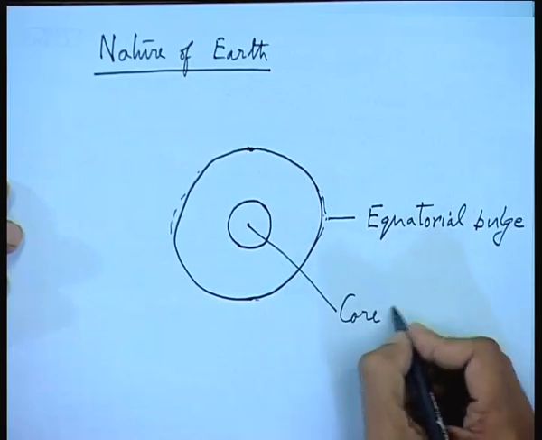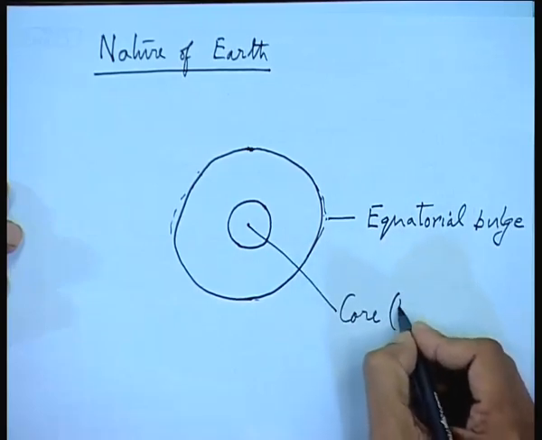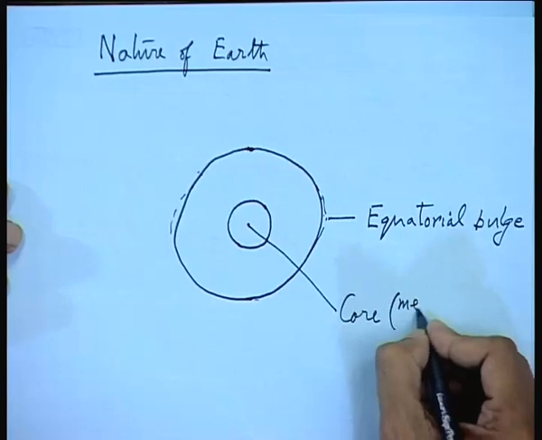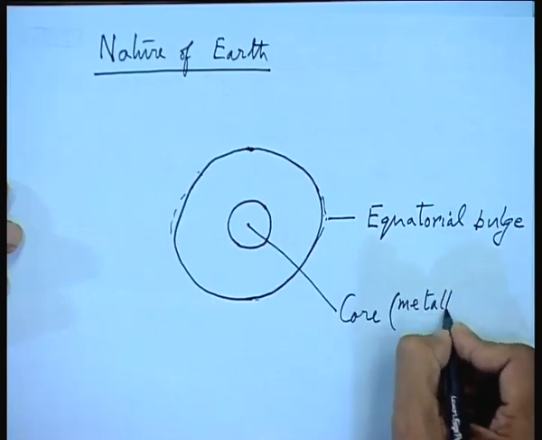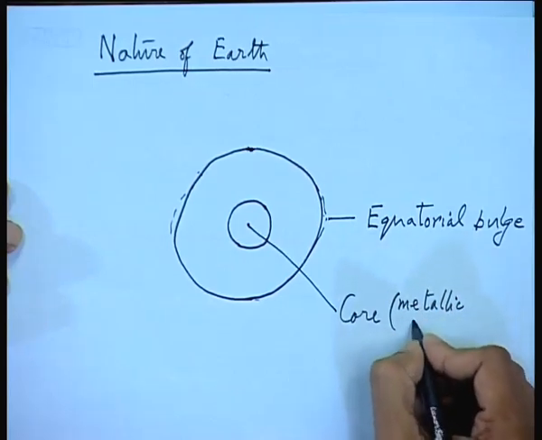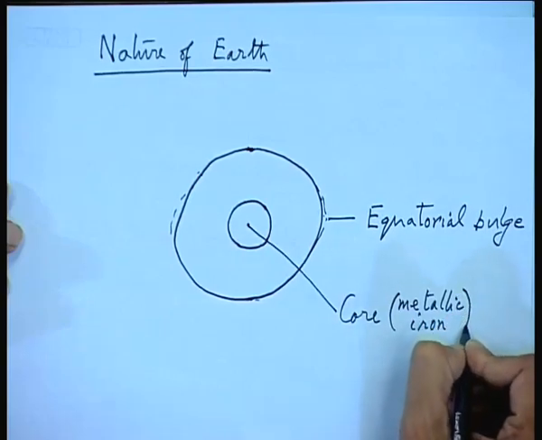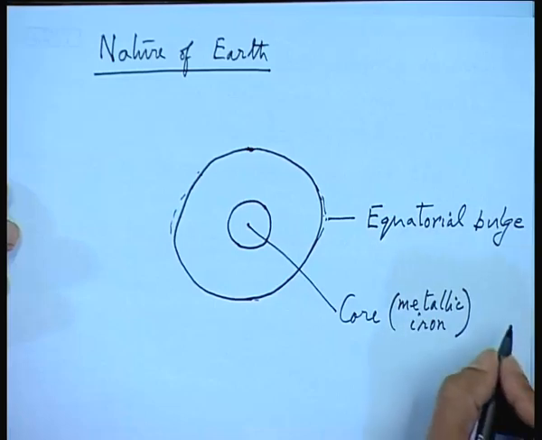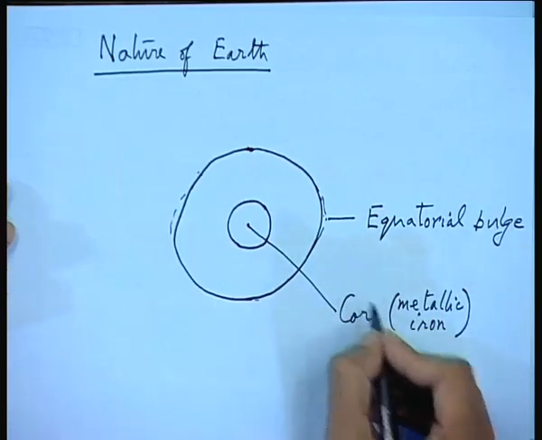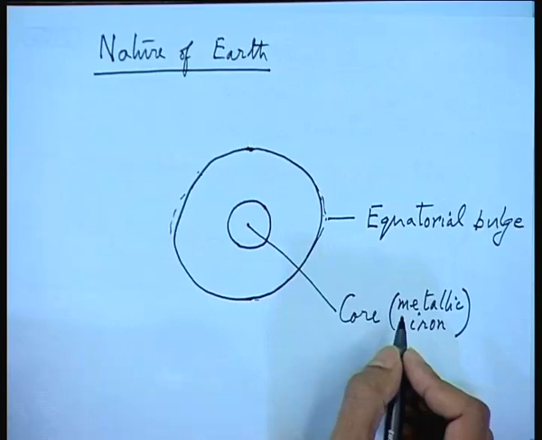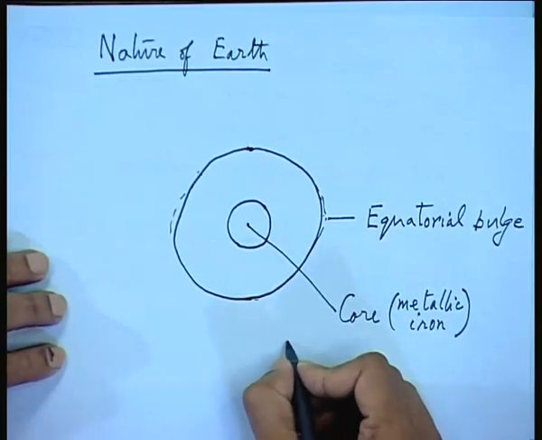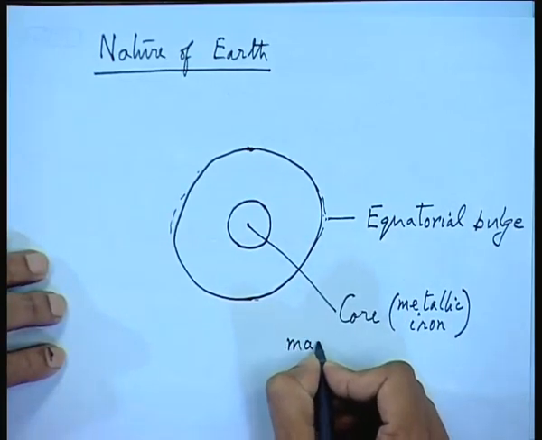This essentially consists of metal. So, this is metallic iron. The core consists of iron, and this core actually essentially gives the earth its magnetic properties.